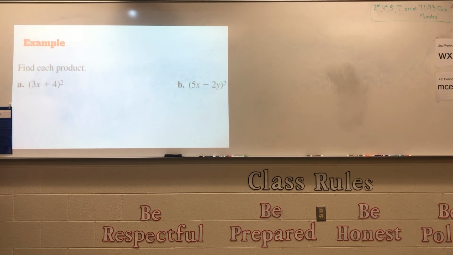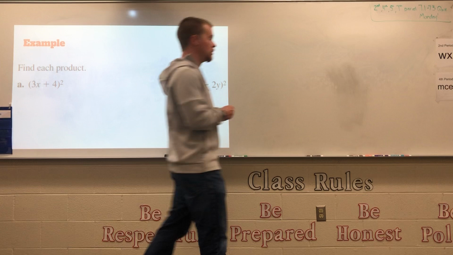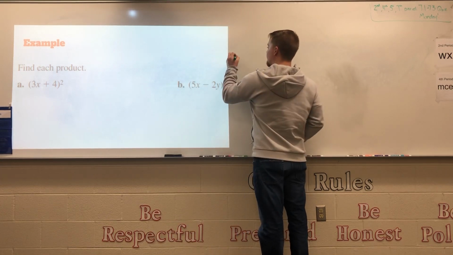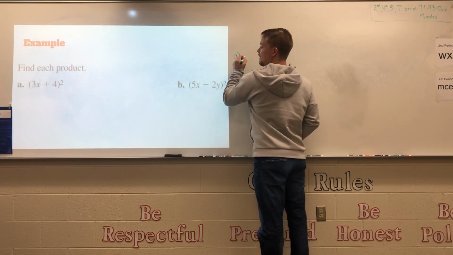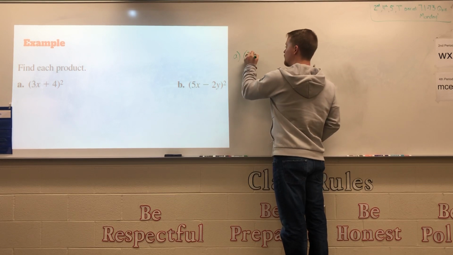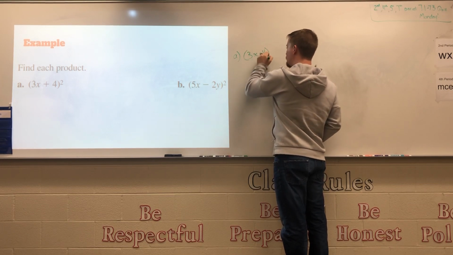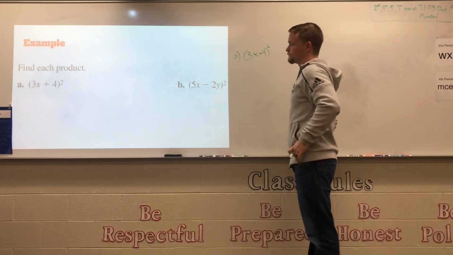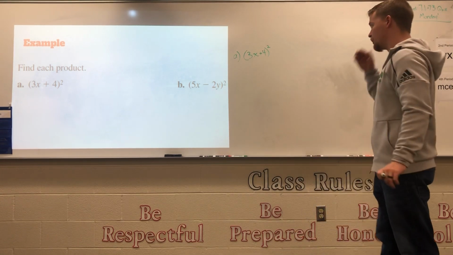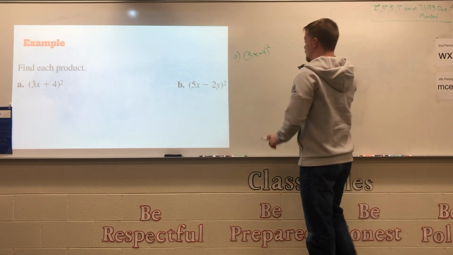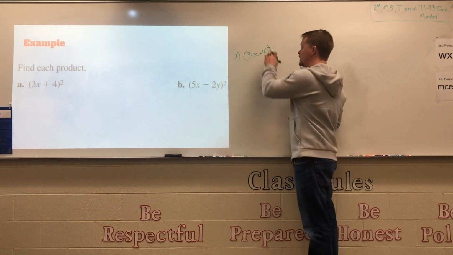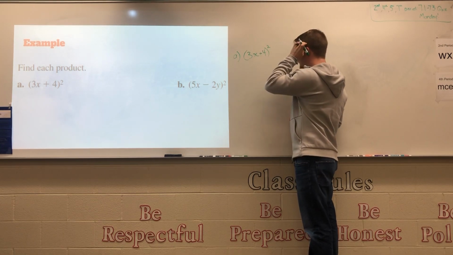So let's look at a couple examples of this. So, part A, it says find the product of 3x plus 4 squared. So again, when you go to do this problem, a lot of students will immediately be like, okay, well, I'm going to distribute that 2 through, distribute the 4, and that's what I do.